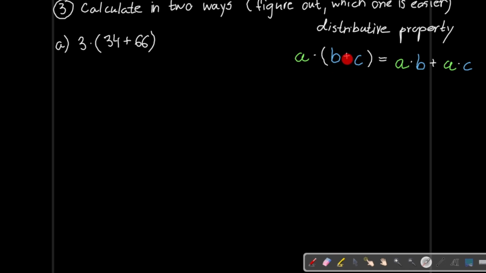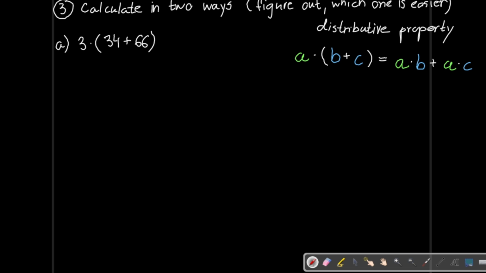We would kind of need to do the brackets first, and then multiply, and then get the result. But we can also simplify this in this way. So when we have something multiplied by b plus c in the brackets, we can just multiply this a to b and multiply a to c. So that's how this property works.